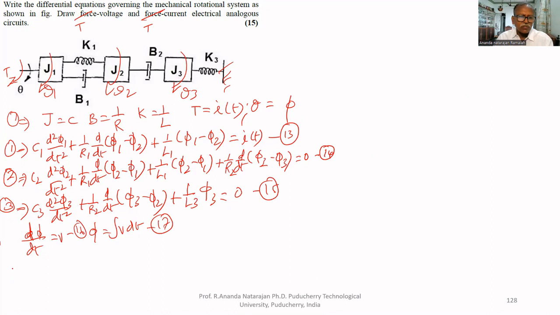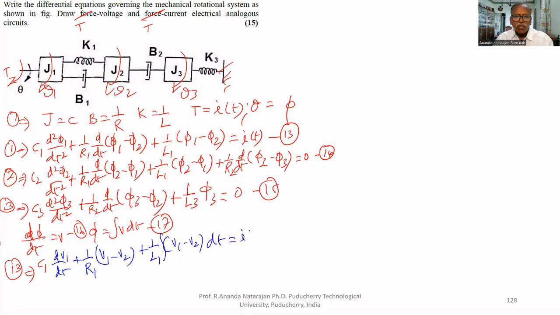If equations 16 and 17 are substituted in 13, the 13th becomes C1 dv1 by dt plus 1 by R1 (v1 minus v2) plus 1 by L1 integral of (v1 minus v2) dt equal to I of t.